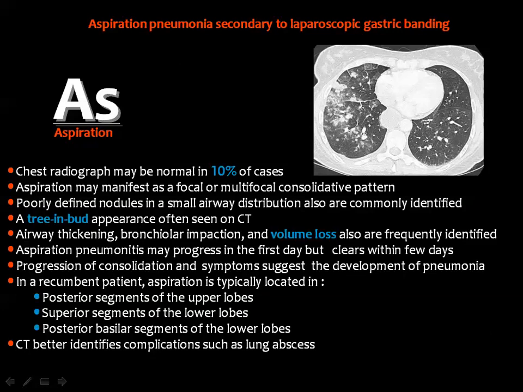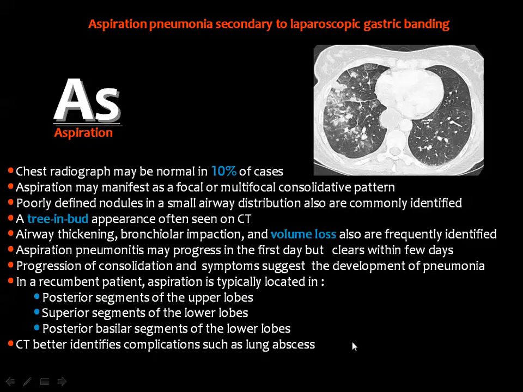The chest radiograph may be normal in about 10% of cases with aspiration pneumonia, and the aspiration may manifest as focal or multifocal pathology. Also, the CT scan can show the classic appearance of what's known as the tree-in-bud opacities.